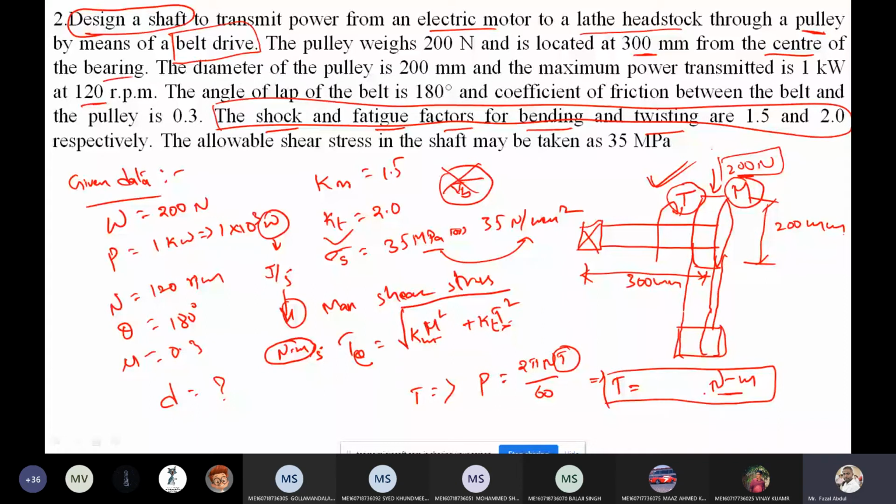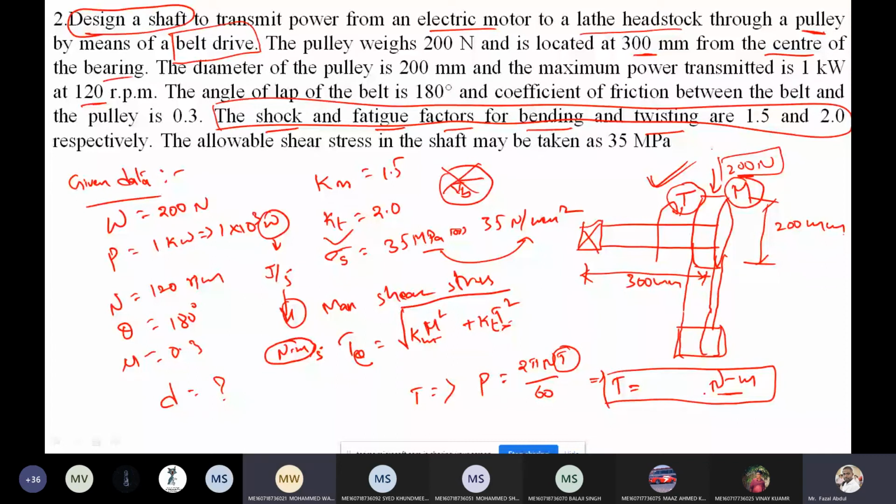Tell me the torque value. Make it fast, Babu. What is T? 79.5. 79.5.